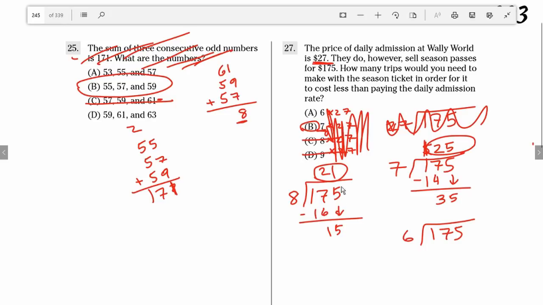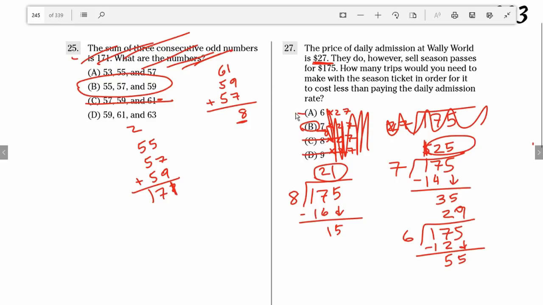That was my error there. 6 goes into 17 twice. 2 times 6 is 12. 17 minus 12 is 5. Drop down this 5. 6 goes into 55 9 times.